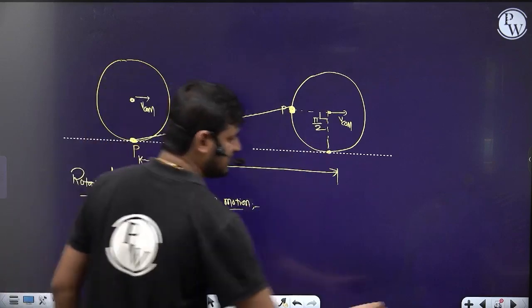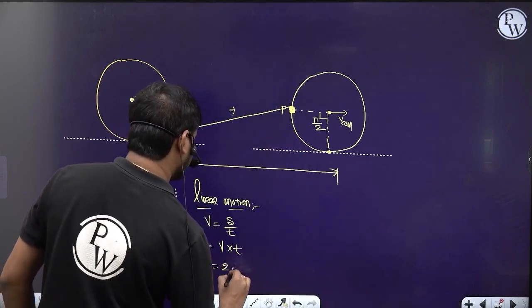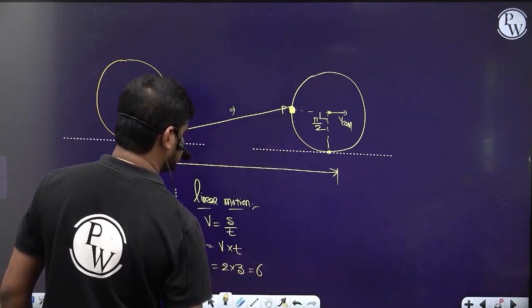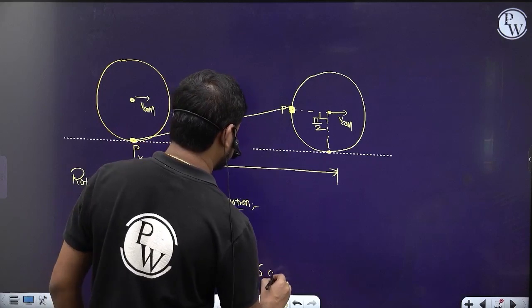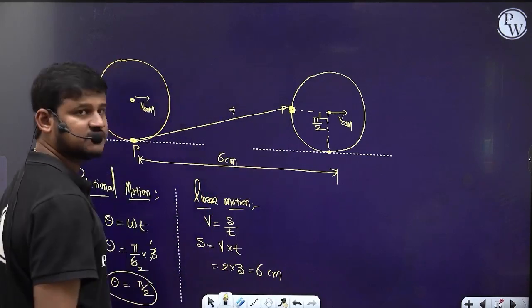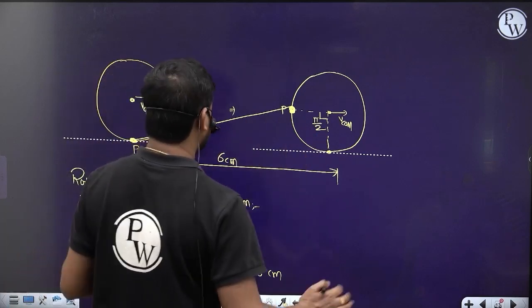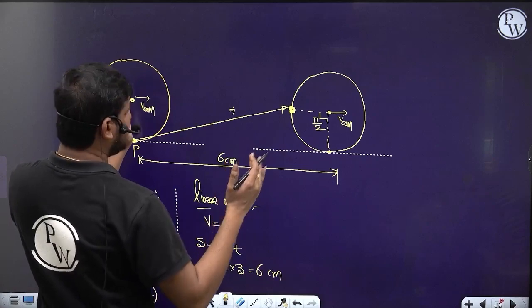The velocity with which the center of mass is moving is 2, in 3 seconds, which is 6. So this total distance is 6 centimeters, from here to here.